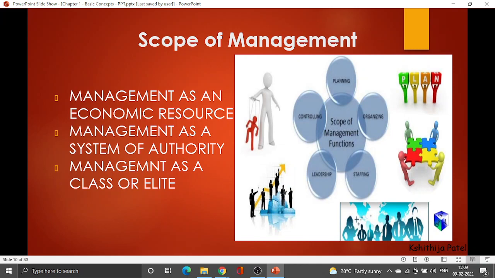Now what are factors of production? Factors of production is nothing but all that we use in achieving the goals of our organization. So now in the modern organization, it very much depends upon how effectively these five M's of management are being used.